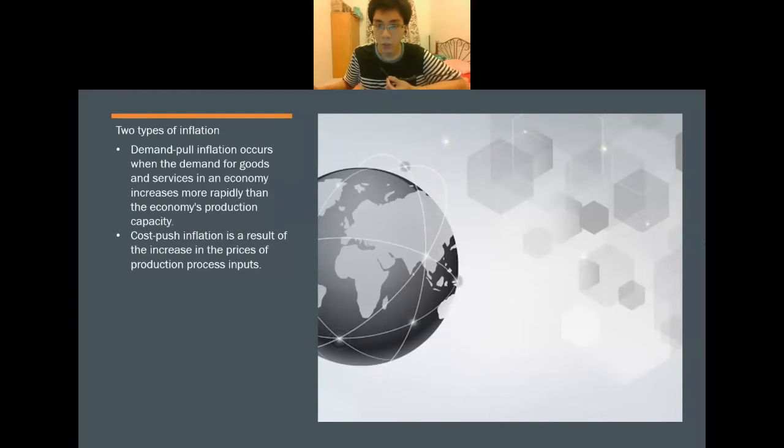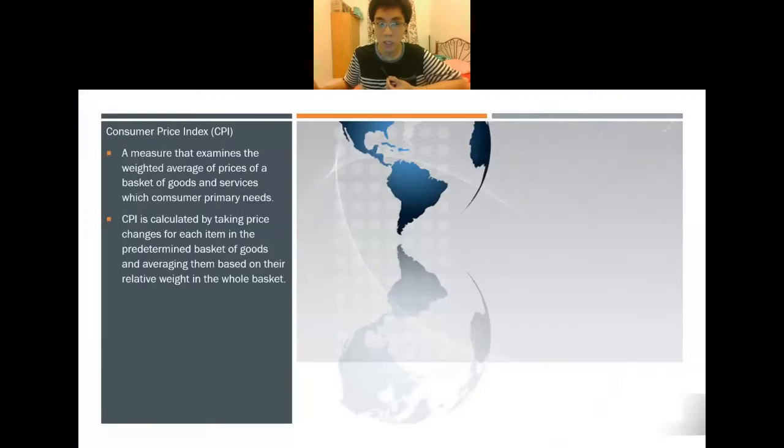Now, I will introduce the most important index to calculate inflation, which is the Consumer Price Index, or known as CPI. CPI is a measure that examines the weighted average of prices of a basket of goods and services which consumers primarily need.